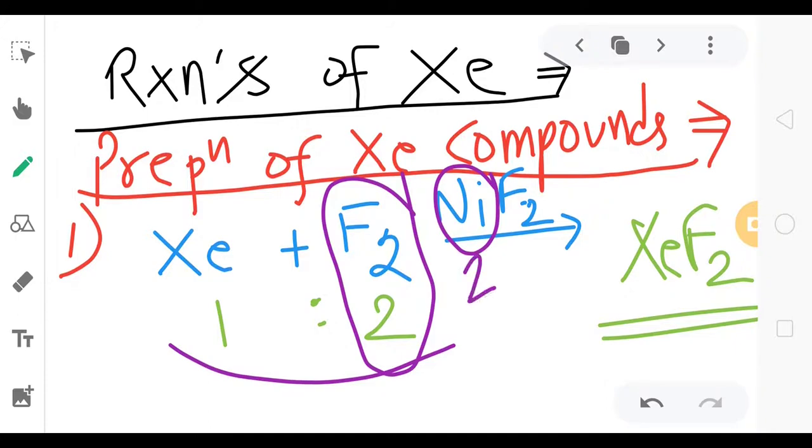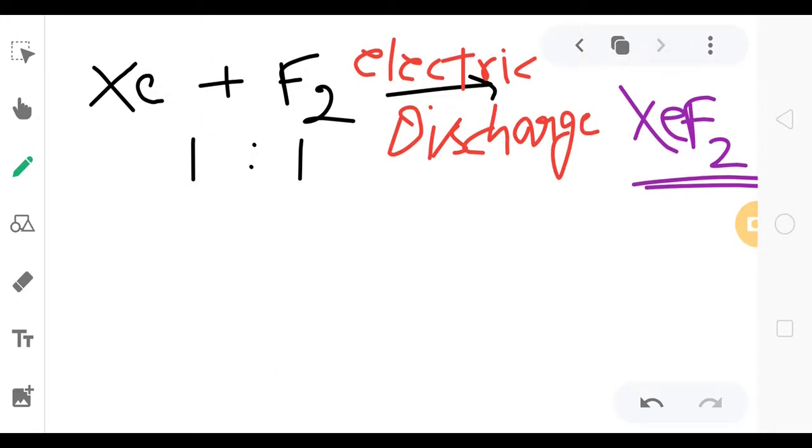If you are having a plus 2 oxidation state catalyst, right? But at the same time, if you do not have any catalyst, then you have to take a single ratio, right?